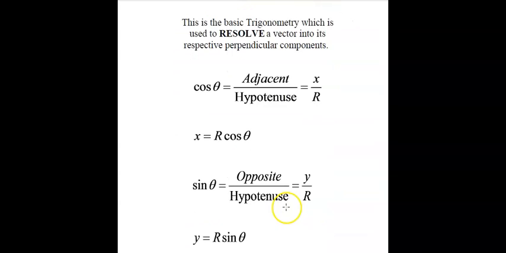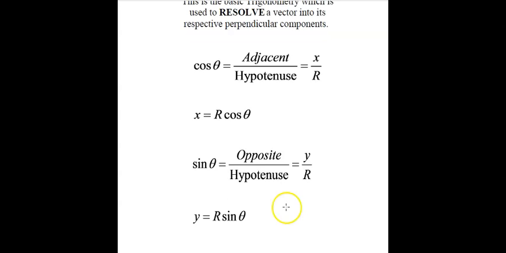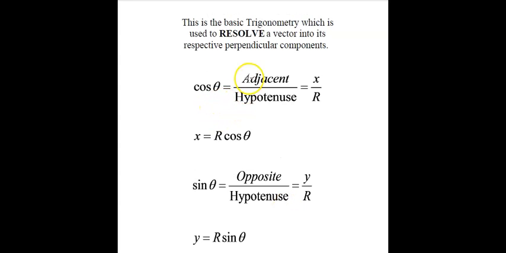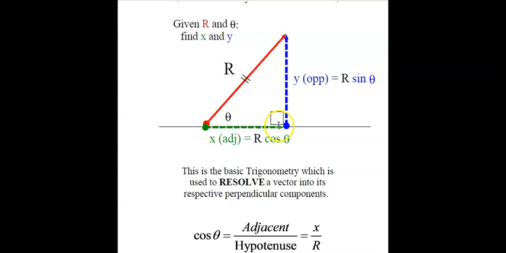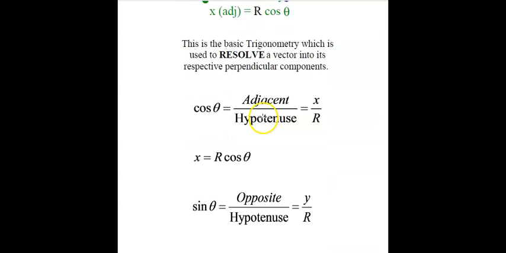So the basic trigonometry that we're going to use is SOHCAHTOA. The cosine is equal to the adjacent divided by the hypotenuse. And since the adjacent vector is on the x-axis, and the hypotenuse is the red, so it's the green divided by the red, cosine theta equals x over r. Solving for x, you get r cosine theta.